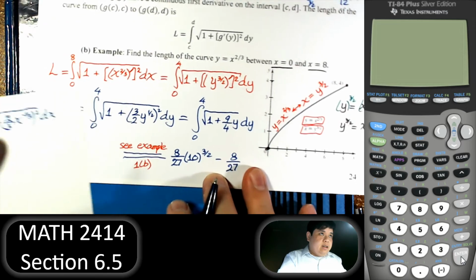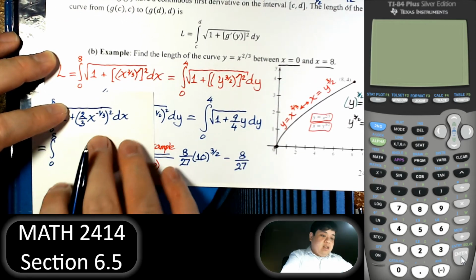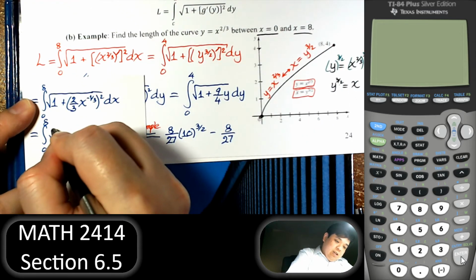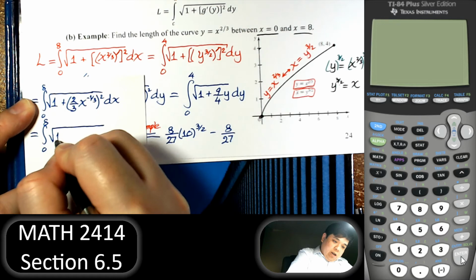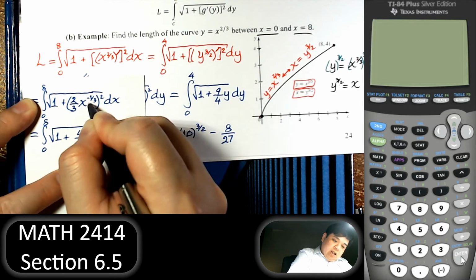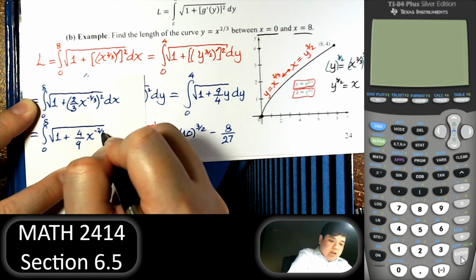Right. Yeah, I just want to say, if this is the case, we do that directly, what can we do? 1, 2 squared is 4, 3 squared is 9, x to the negative 1/3 squared is x to the negative 2/3, dx.